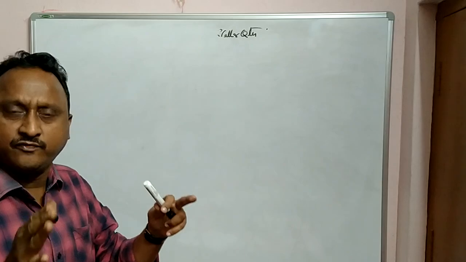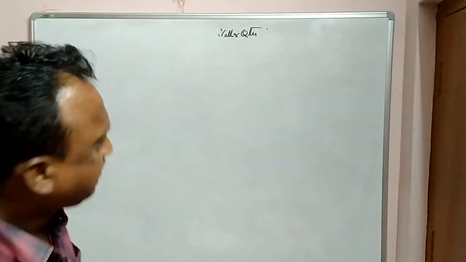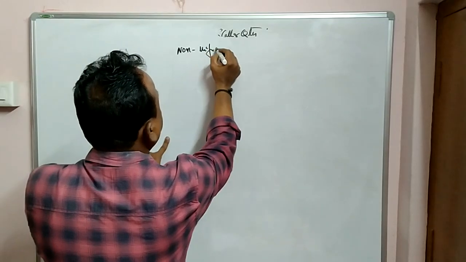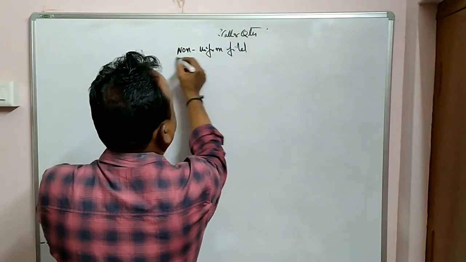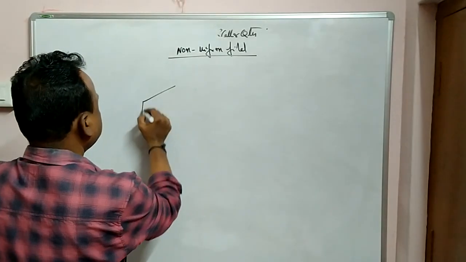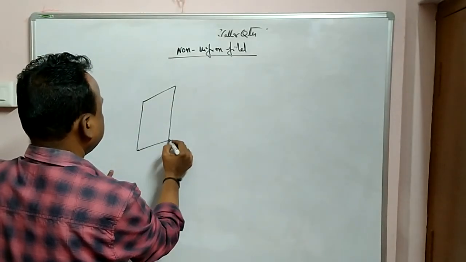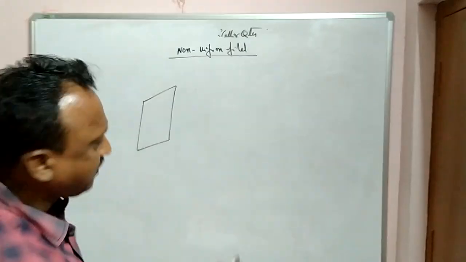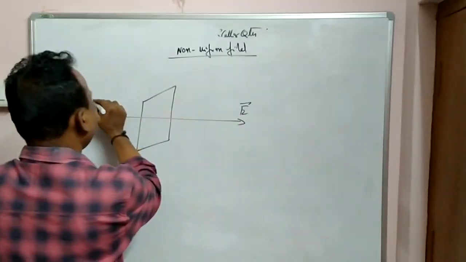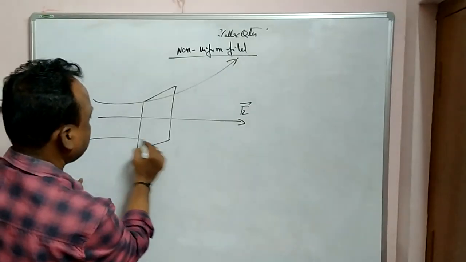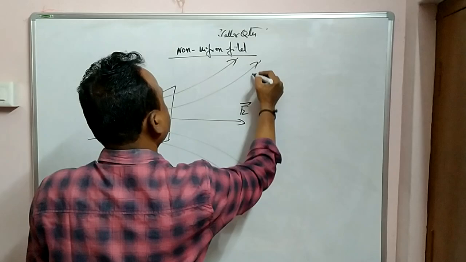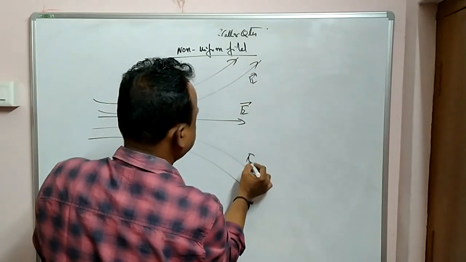Non-uniform means the field is not uniform. Okay? Non-uniform electrical field. For example, you take one body placed in a non-uniform field, where the field is varying, please. So E is varying here, you can see.